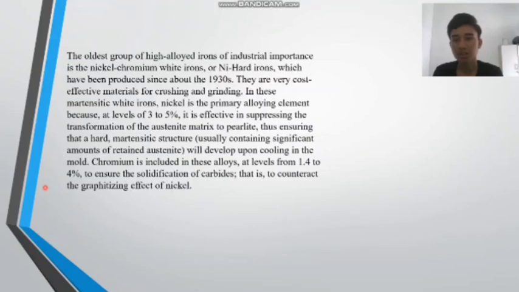In these white irons, nickel is the primary alloying element because at levels of 3 to 5%, it is effective in suppressing the transformation of the austenite matrix to pearlite, thus ensuring that a hard martensitic structure, usually containing significant amounts of retained austenite, will develop during cooling in the mold.